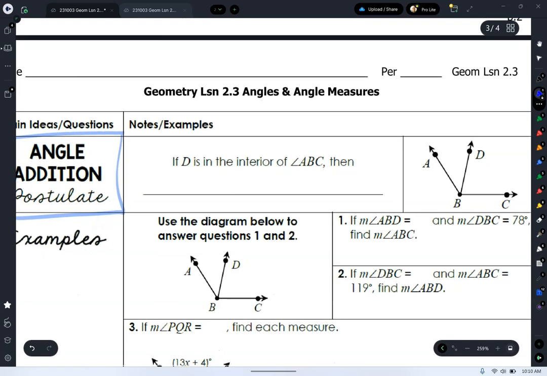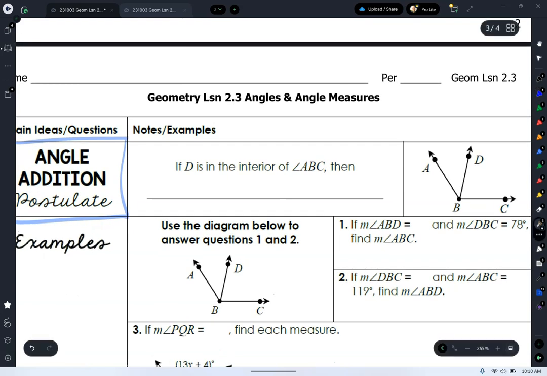Now take a look over here. If point D, watch this, this is really important language, is in the interior, the inside of angle ABC, that's going to create two angles. Now, not necessarily bisected, right?